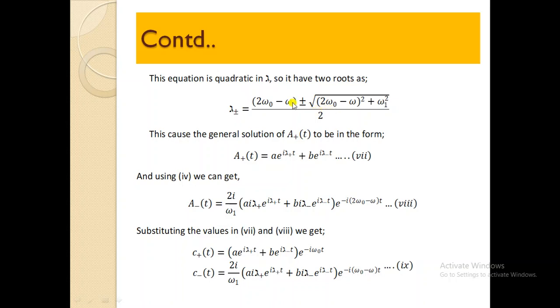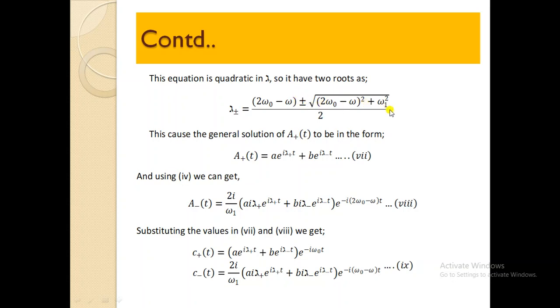So what will we get? Lambda minus means 2 omega naught minus omega minus root under (2 omega naught minus omega) whole square plus omega 1 whole square, minus 2 omega naught minus omega, minus into minus would be plus.